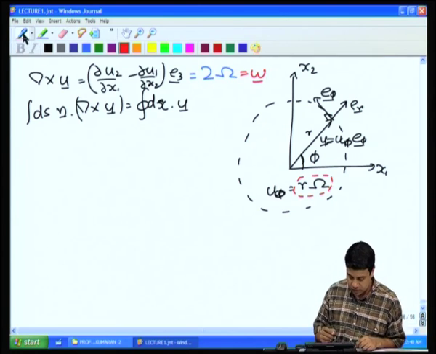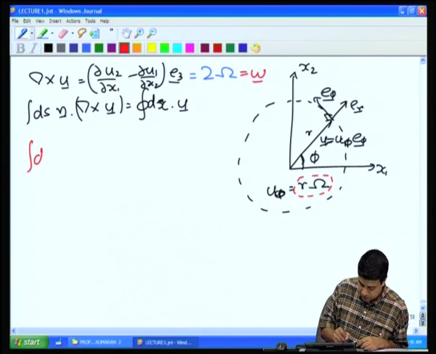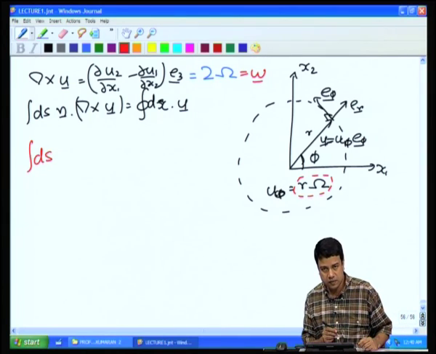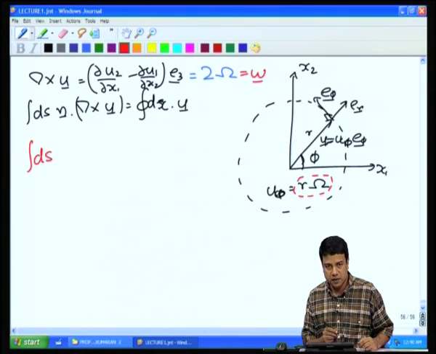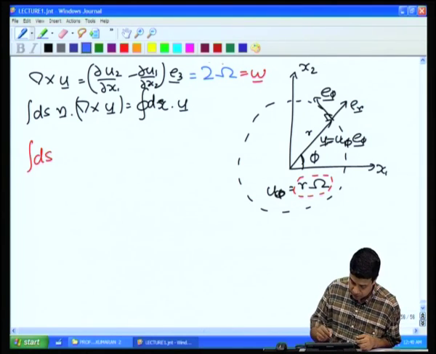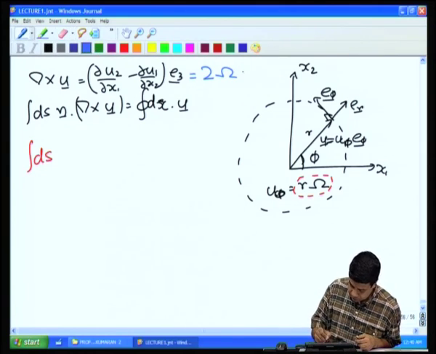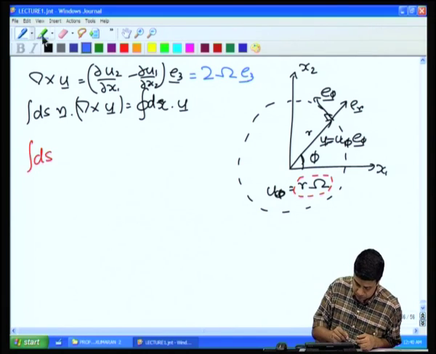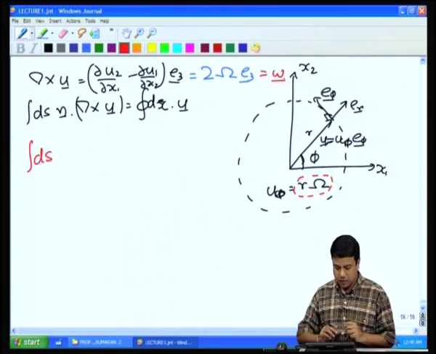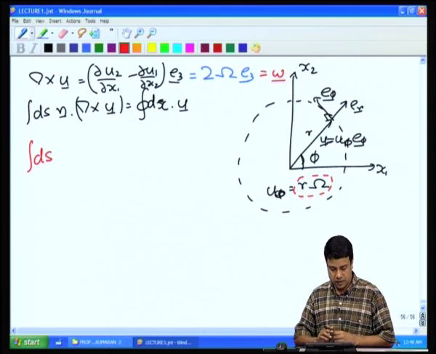Integral of n dot del cross omega will be equal to the integral over the surface, where n is the unit vector perpendicular to the surface. In this particular case, the unit vector perpendicular to the surface is in the E3 direction.